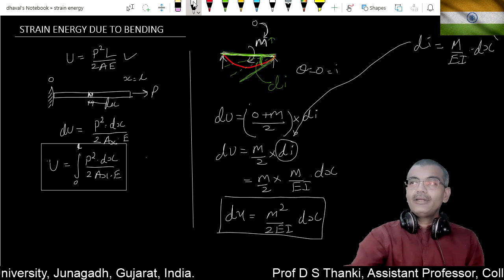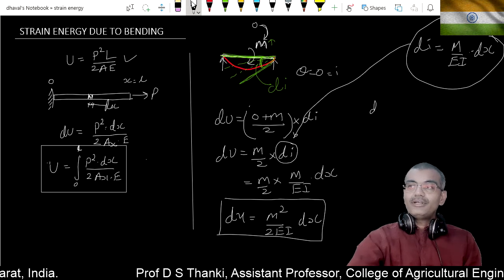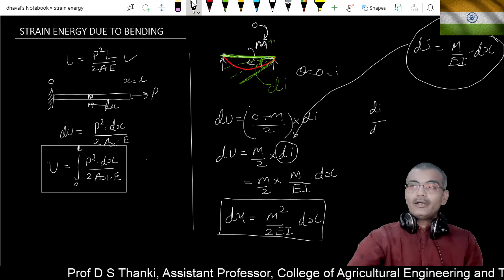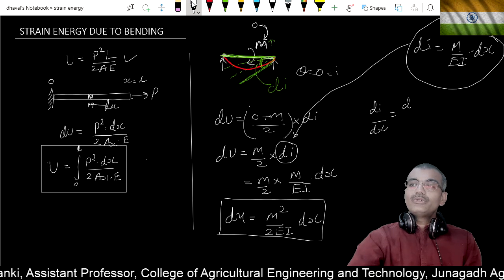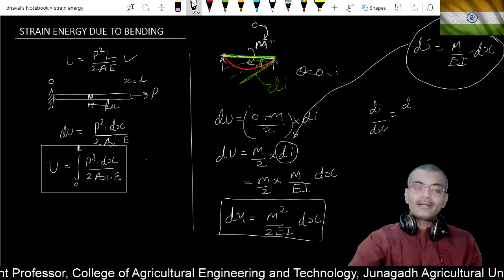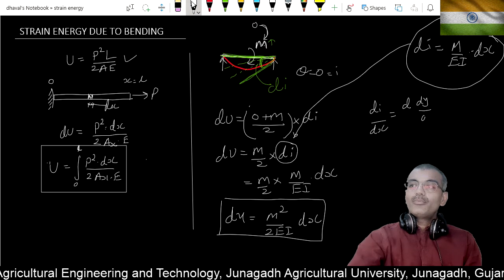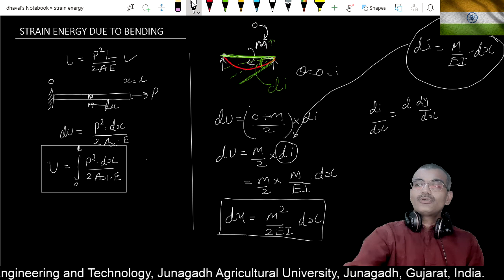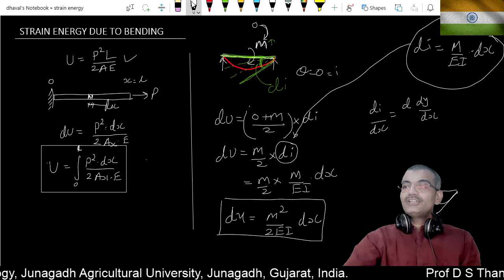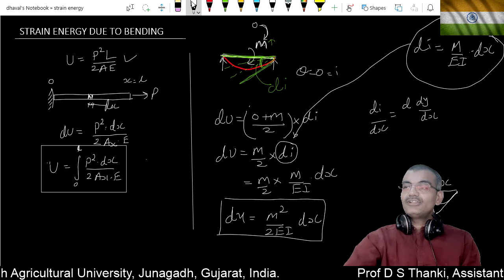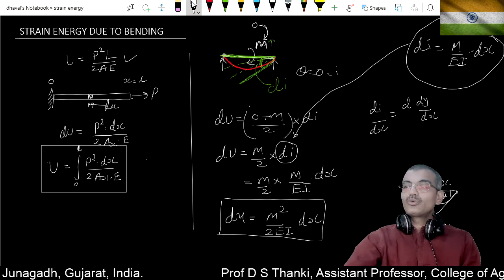If you have any confusion regarding this dI, dI upon dx is equal to, here that is your slope to your dx, that is your length, right? Now here I is dy upon dx. So let me show what it means. When you have this slope, this is the x distance and this one is the y. So your slope will be y by x.